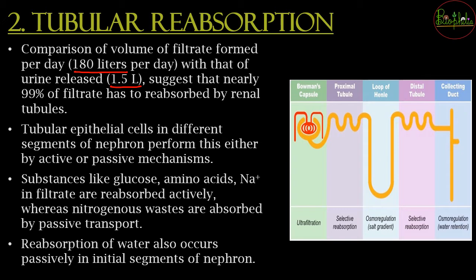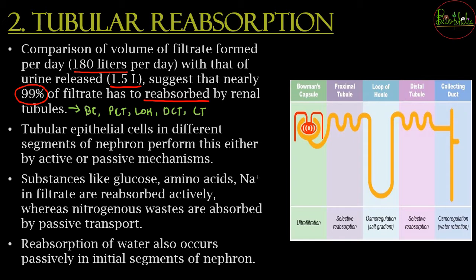You might think about it, and the reason for the difference is reabsorption. About 99% of the filtrate is going to get reabsorbed by the renal tubules. And what all comes under renal tubules? As we discussed earlier, you have Bowman's capsule, then the proximal convoluted tubule, loop of Henle, the distal convoluted tubule and the collecting duct.